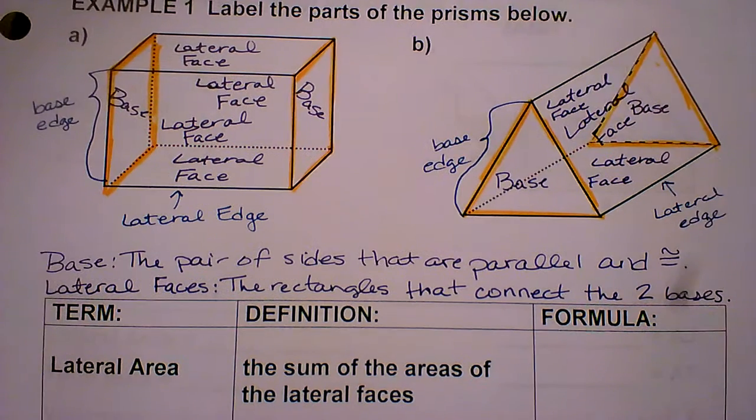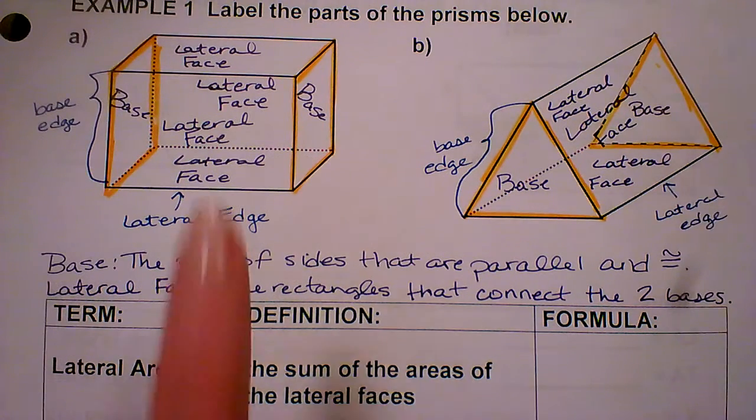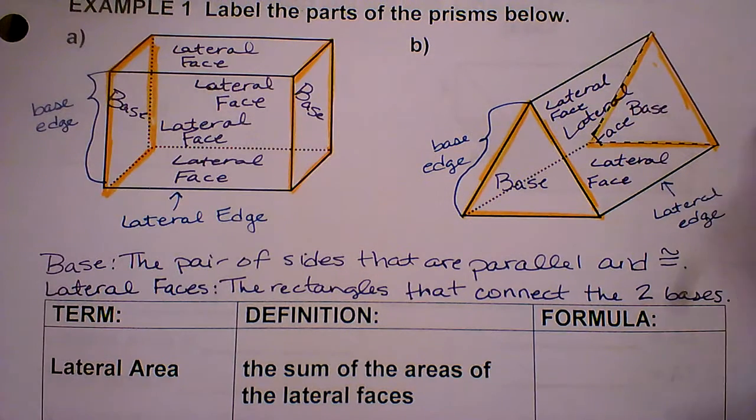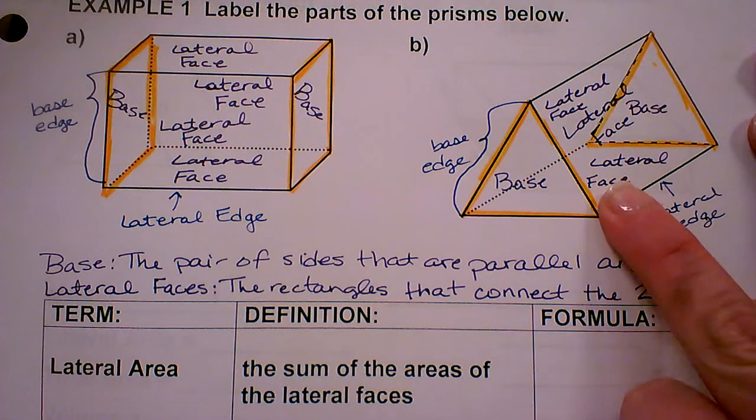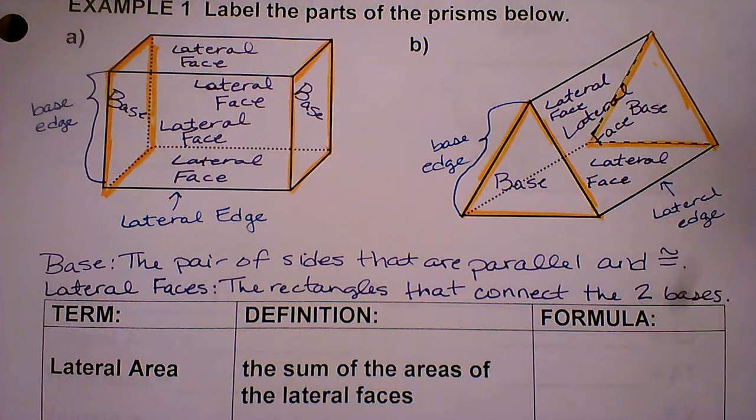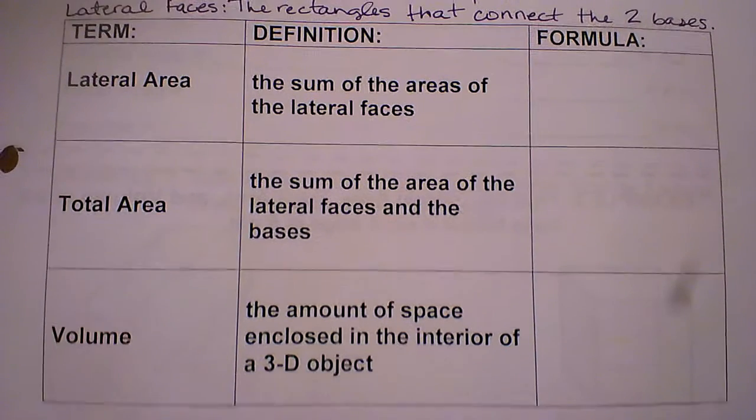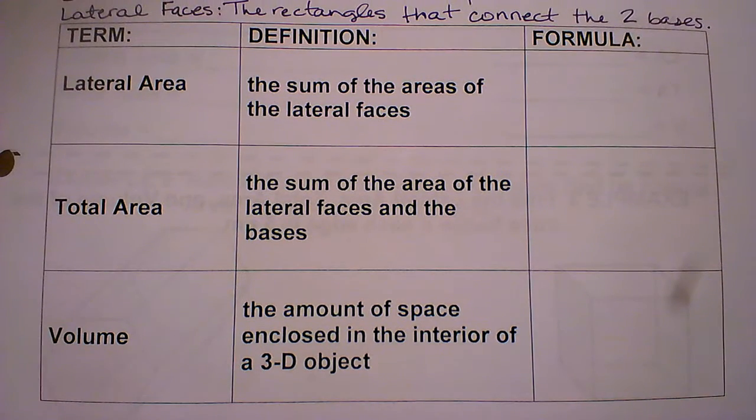Now, when we unfold these, what we would see is 6 rectangles here, and 2 triangles and 3 rectangles here, and we would look at the net, and we would be able to calculate the surface area of those figures. What we're going to do is get the formulas for those surface areas and also talk about volume and calculate those. So first we have the lateral area.